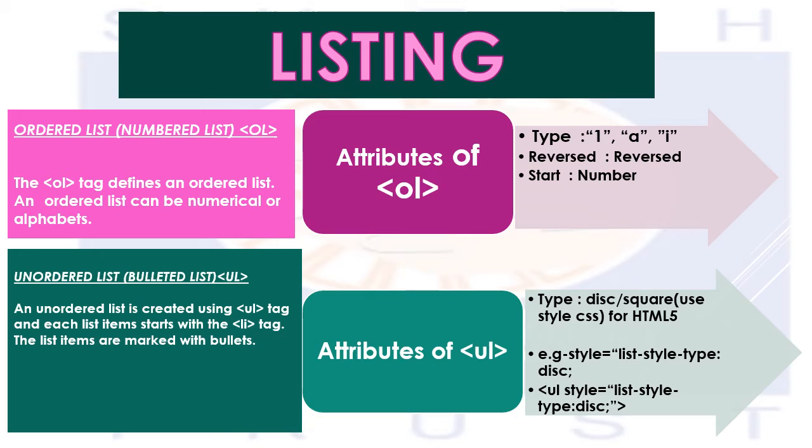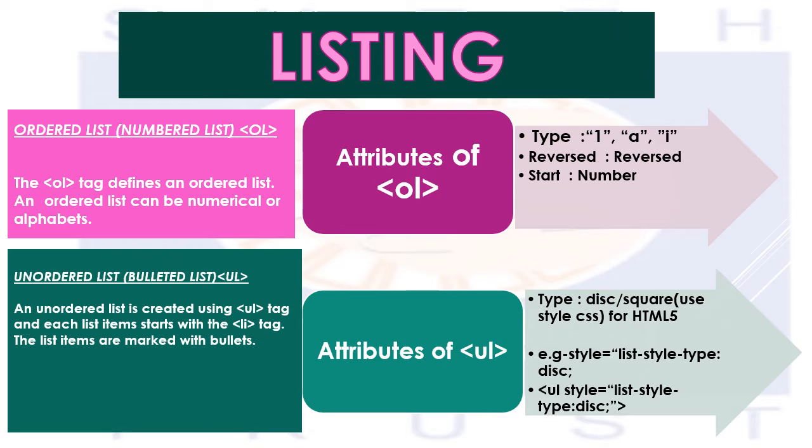But now here students, there is one difference in HTML5. You cannot directly use the type like this. You can see in the example given over here, you have to use the style, that is with the CSS. In regular HTML, we were using type equal to square, type equal to circle, right? Then you are getting that bulleted list.